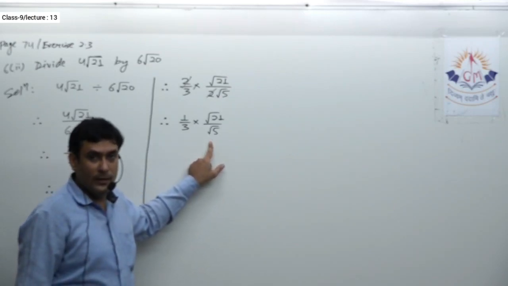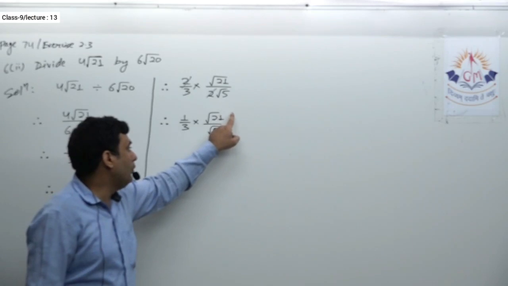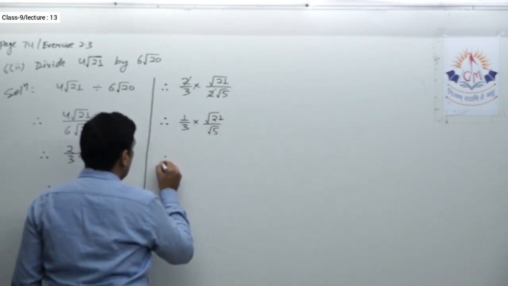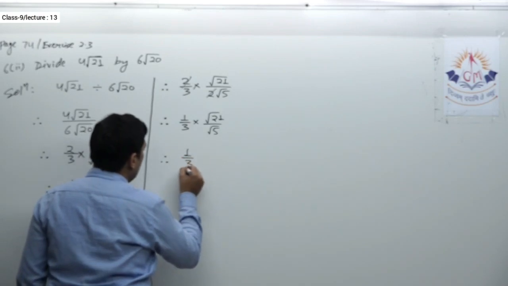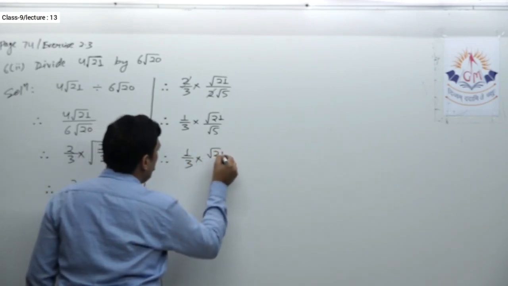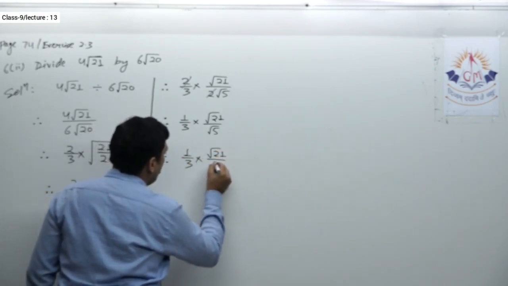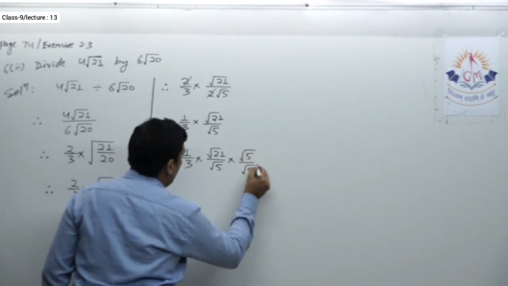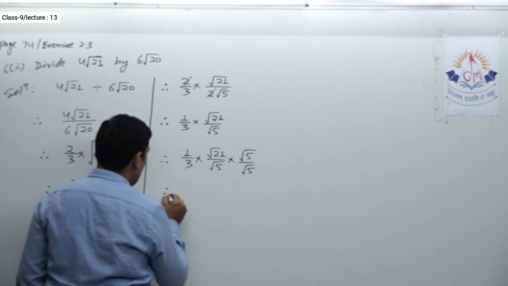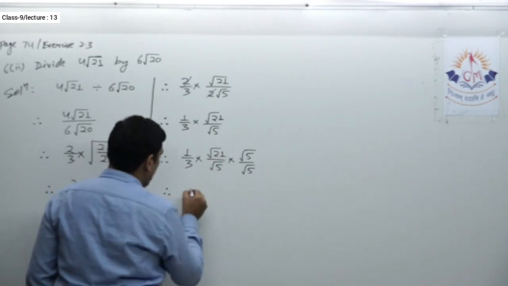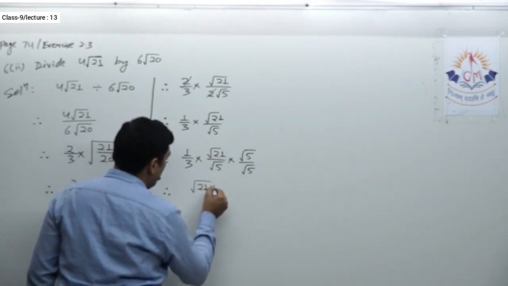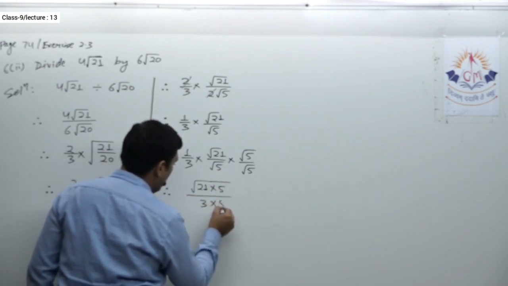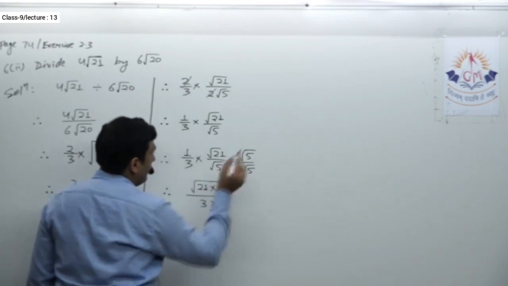So to make it rational, I multiply root 5 in the numerator as well as in the denominator. So 1 upon 3 multiplied by root 21 upon root 5 multiplied by root 5 upon root 5. So this will become root 21 multiplied by 5, and in the denominator, root 5 into root 5 is 5.